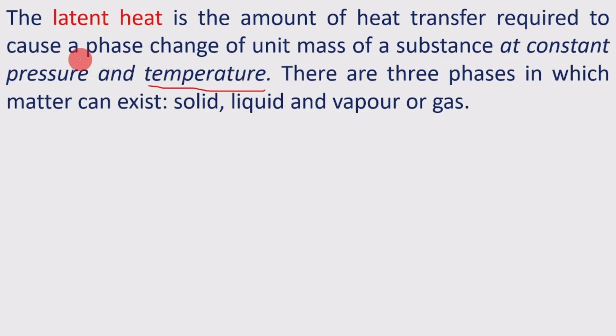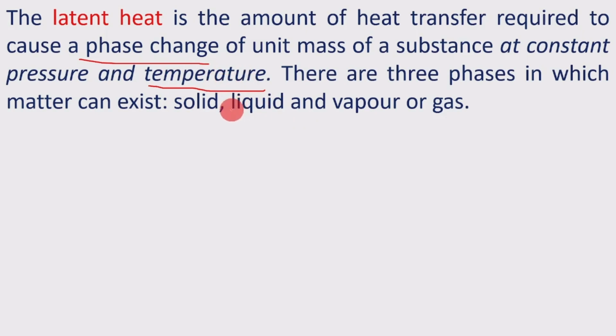And we should know the different phases of the substance: solid, liquid, and vapor or gas. During the phase change, from solid to liquid and liquid to vapor, or from vapor to liquid or liquid to solid, what amount of heat is required, keeping the temperature constant? The temperature does not change here, and keeping that temperature constant, the amount of heat required is called latent heat.